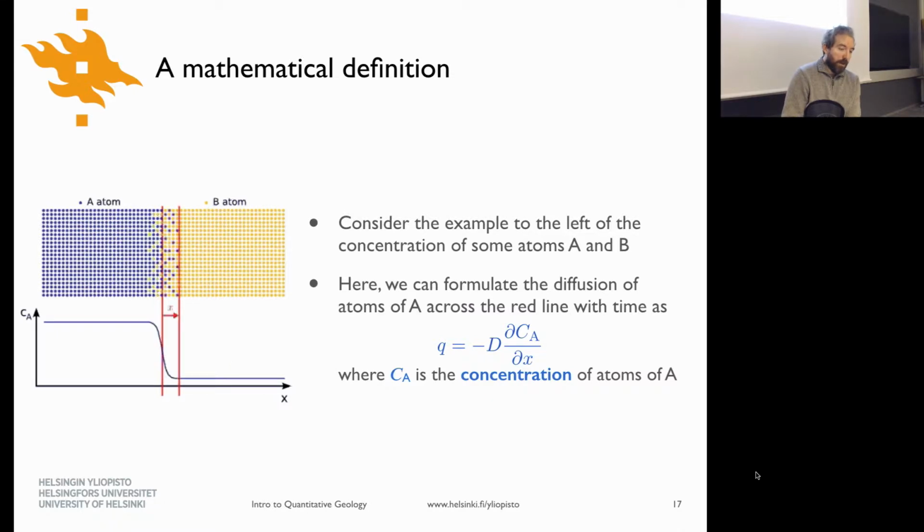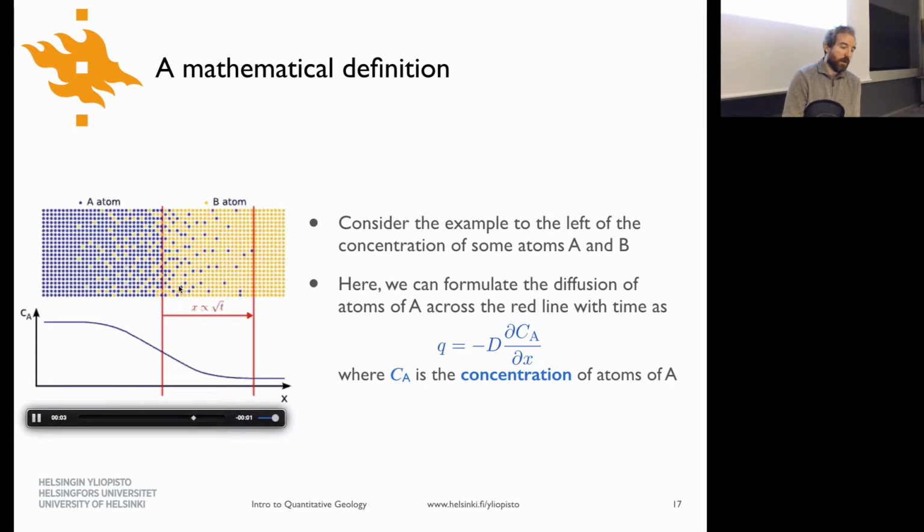So, if we look at this now, we could put it in terms of concentration of A, and in this case, what we would see is that our Q is equal to minus D times the change in concentration of A over some infinitesimal distance dx.